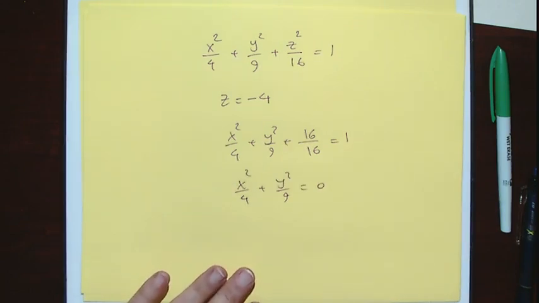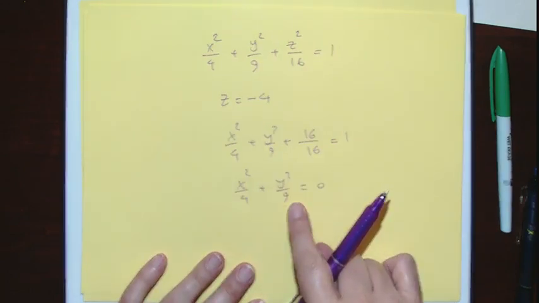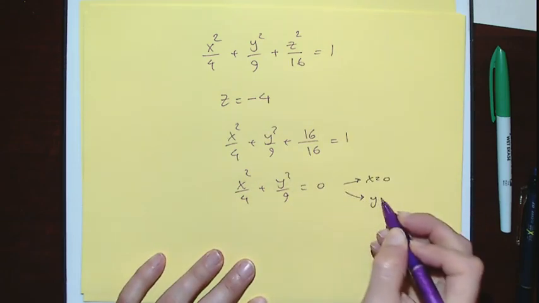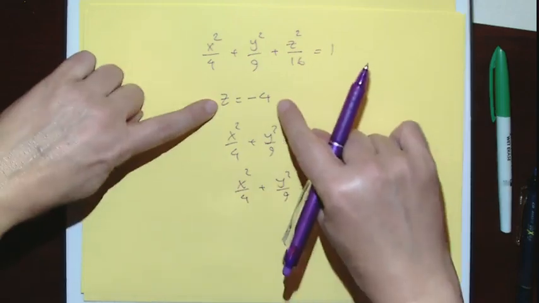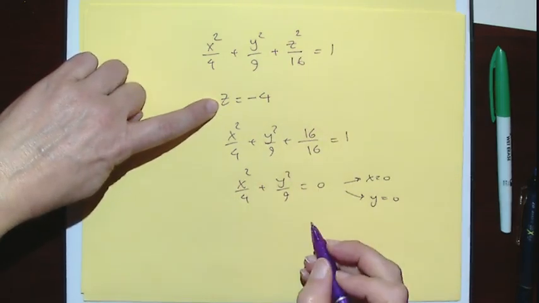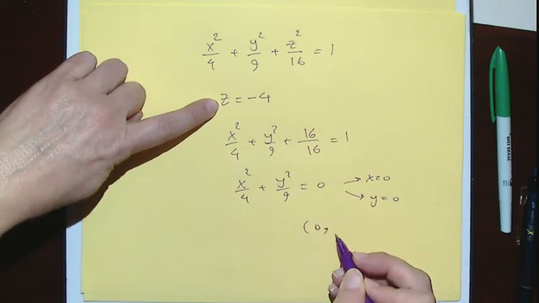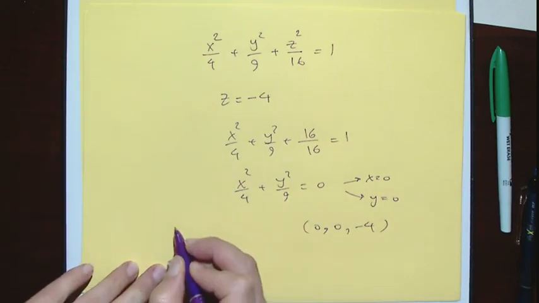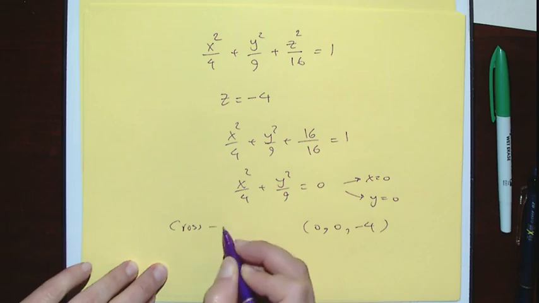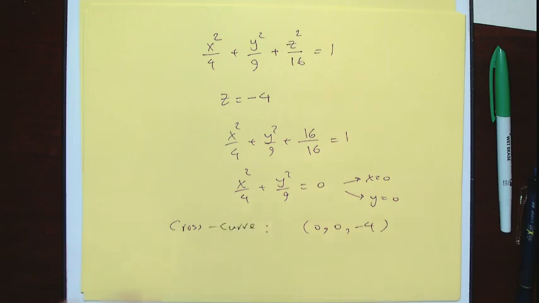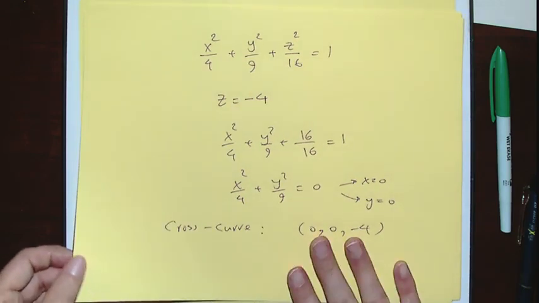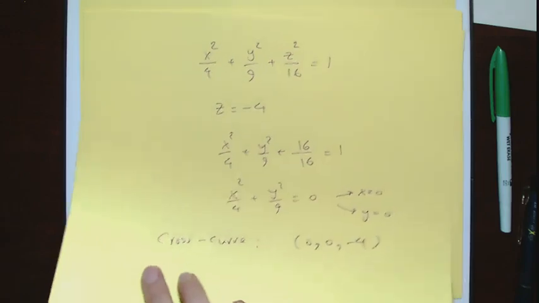Everybody agrees? The only way this can happen is if both of them are 0. So this cross section is, what was the x value? What was the y value? What is the z value? That's the cross section. It's not a curve. It's just a point. Fair game? So sometimes the intersections are just points, not quite cross-sectional curves.